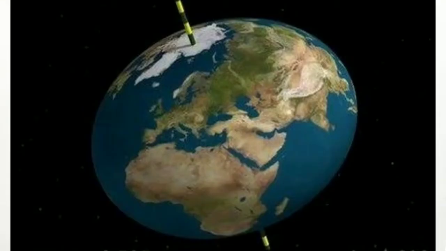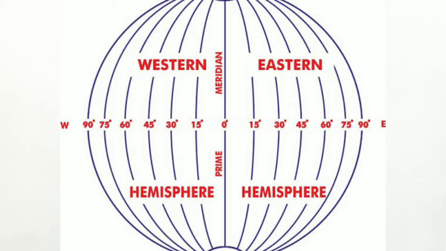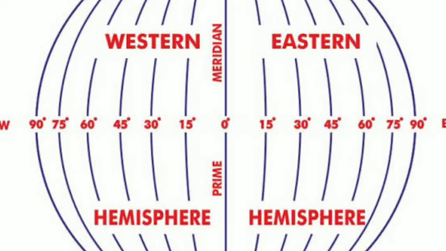As the earth moves from west to east, after every 15-degree movement, there is a time difference of 1 hour on every meridian. So finally we can conclude that the places which are to the east of the prime meridian receive the sun rays first, and they are 1 hour ahead.